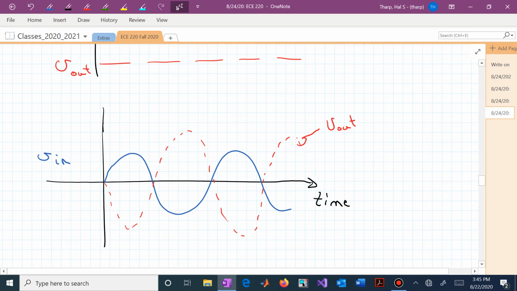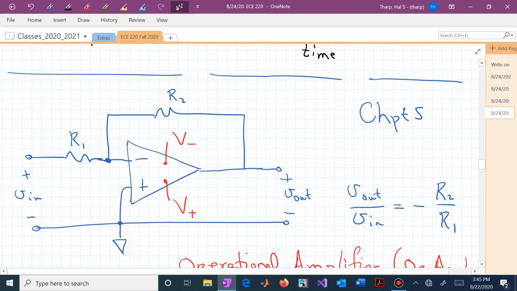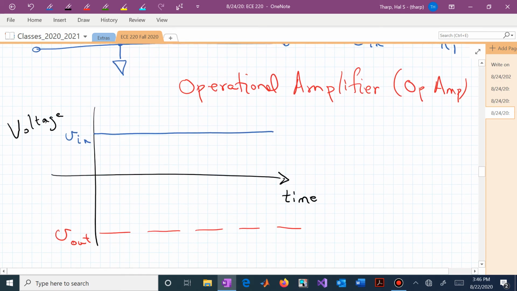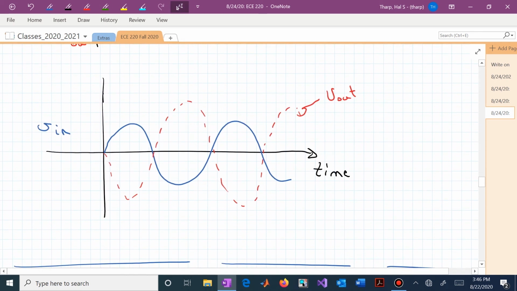So now negating or inverting that input Vin, you see that the output is an inverted copy of the input, and if it's scaling up, the amplitude of that dashed output voltage is larger than the input voltage shown in blue. Now obviously we can't get something for nothing, and that's why these externally applied supplies that energize this op-amp allow us to scale things up relative to an input voltage.